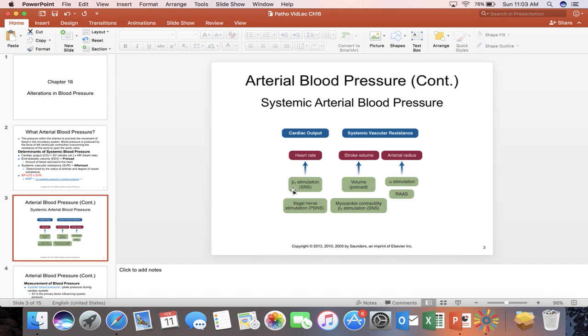We have the beta 1 receptor stimulation by the sympathetic nervous system, and the stroke volume is determined by the preload and the myocardial contractility, which is stimulated by the beta 1 receptor of the sympathetic nervous system as well. For the radius, which determines the vascular resistance, you have the alpha stimulation, which controls the radius.